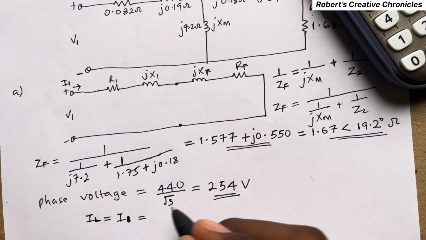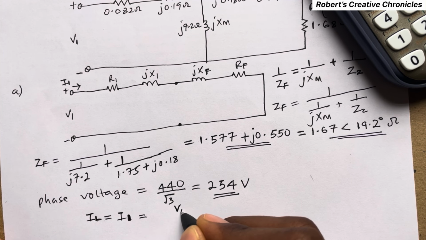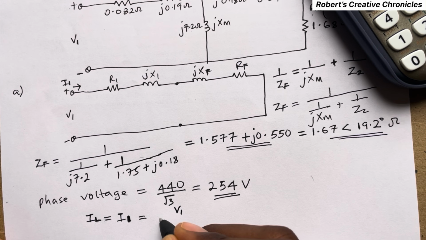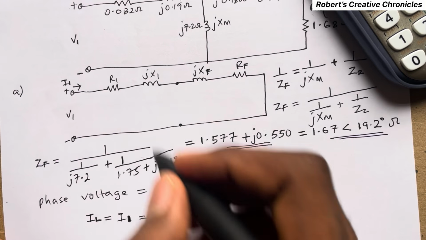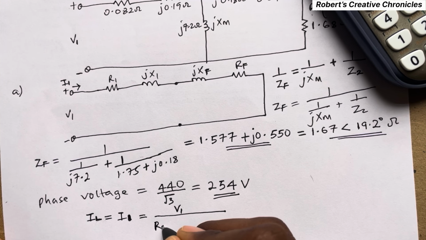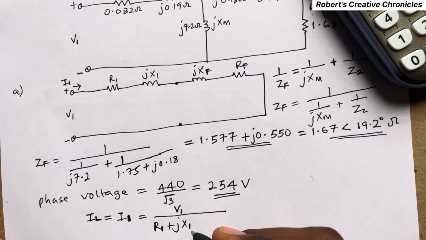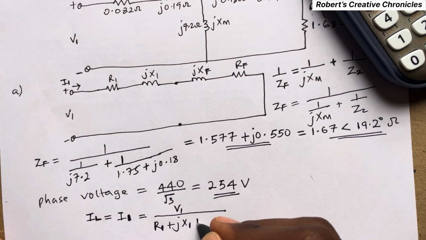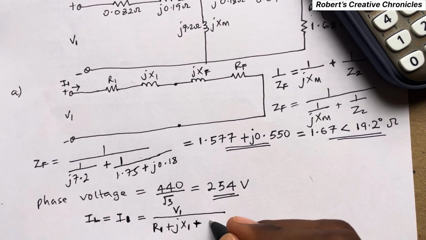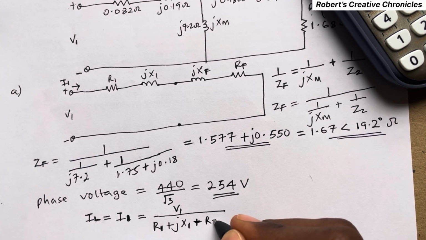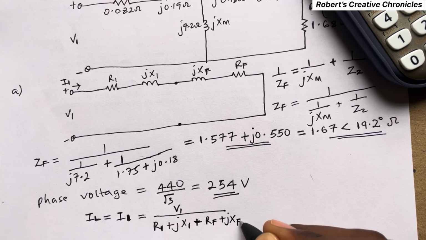So this becomes V1 divided by R1 plus jX1 plus RF plus jXF.